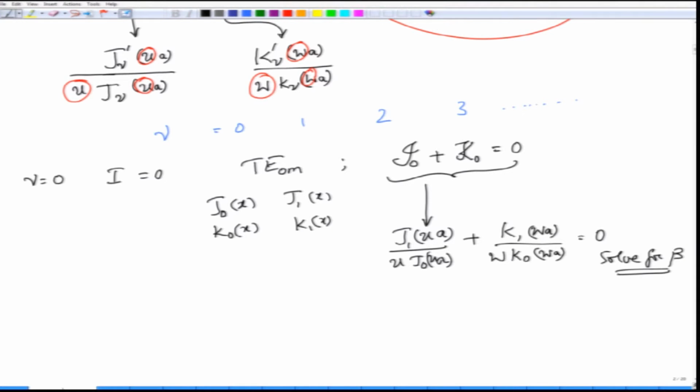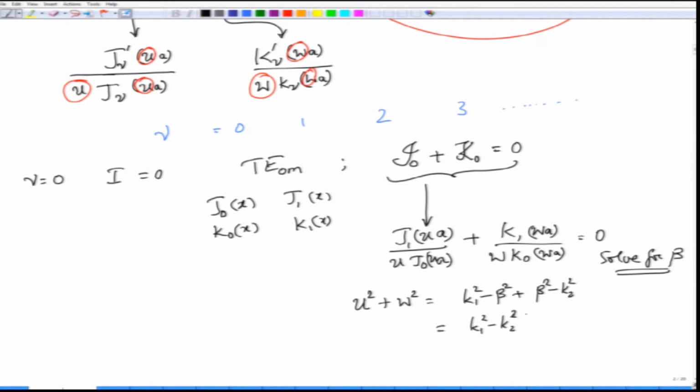Now, you might wonder a little bit here, well, I have U and W also, what do I do about that, right. You can actually relate U square and W square. It turns out that if you take U square plus W square, because U square is nothing but K1 square minus beta square and W square is beta square minus K2 square, the sum of U square and W square is nothing but K1 square minus K2 square.